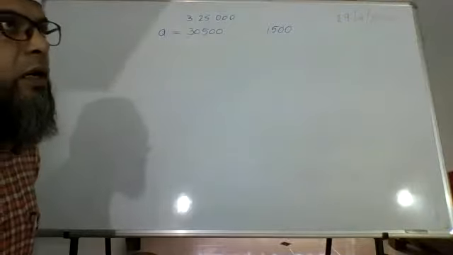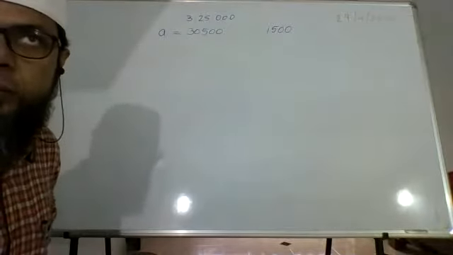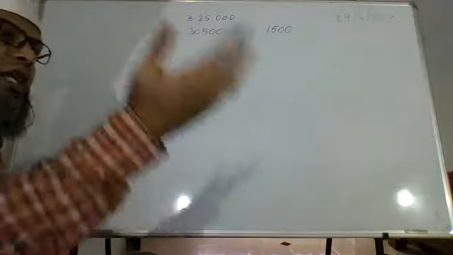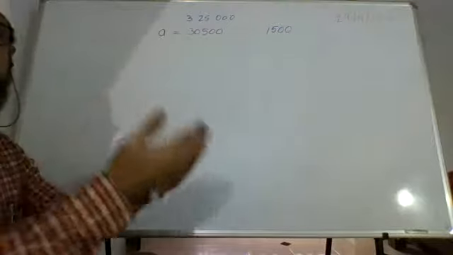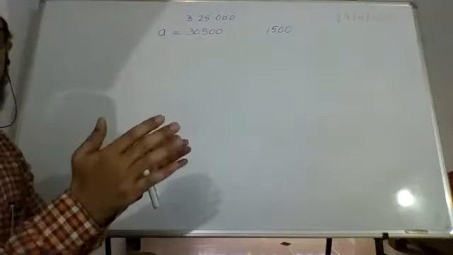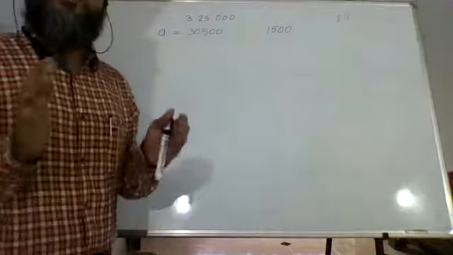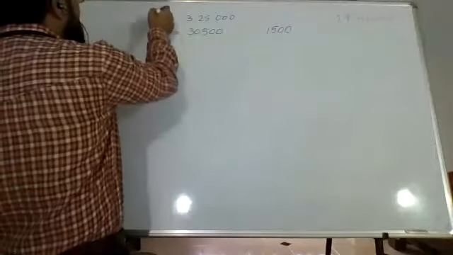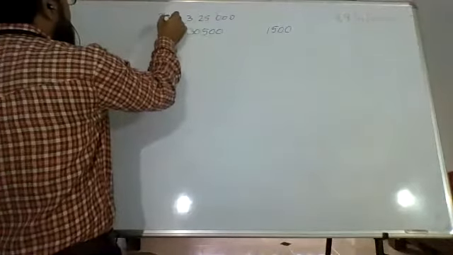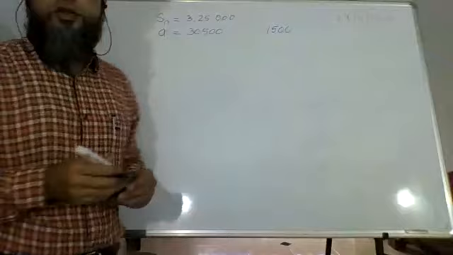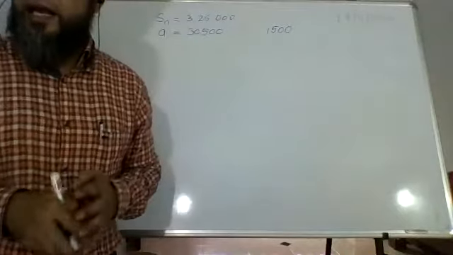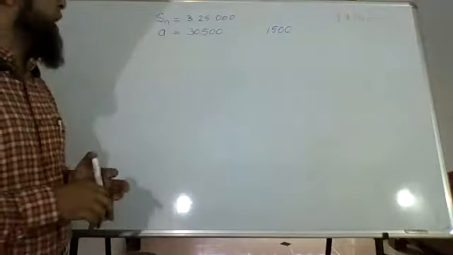It is not the last installment, it is the total amount. He has to pay back the entire amount he had taken. So total, sum. When we say total, when we say sum, that means this will be SN.